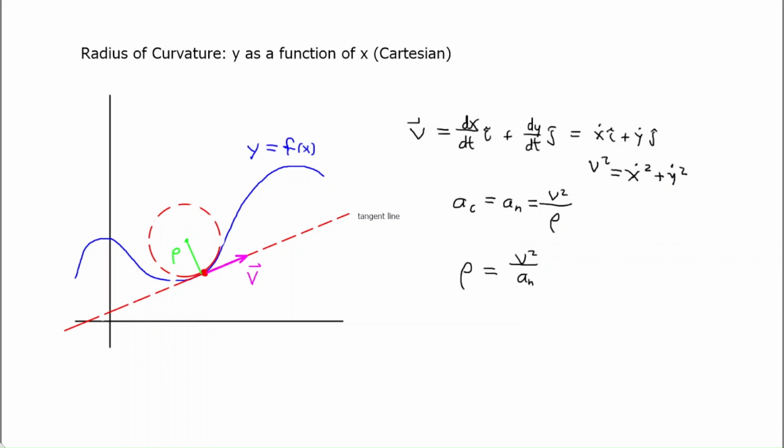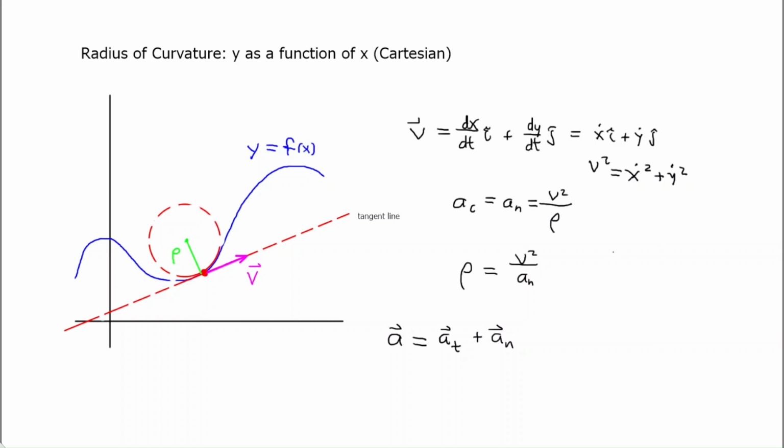Now a sub n, the normal acceleration. What we have to understand here is that the acceleration vector has two parts to it. That is what we call the tangential acceleration, that's parallel or anti-parallel to the velocity vector, plus the normal or centripetal acceleration.